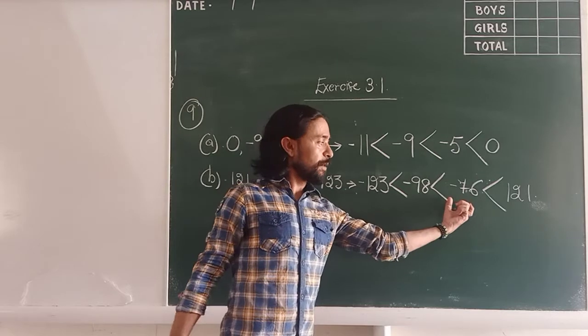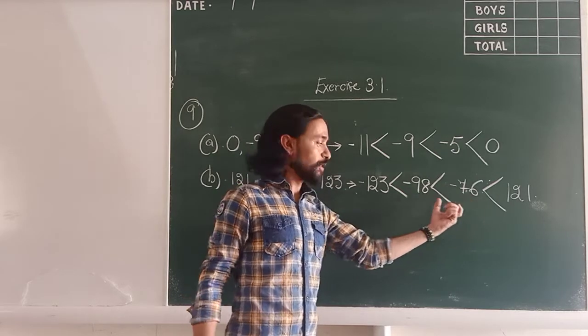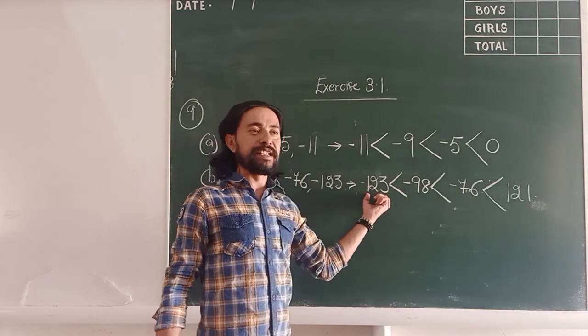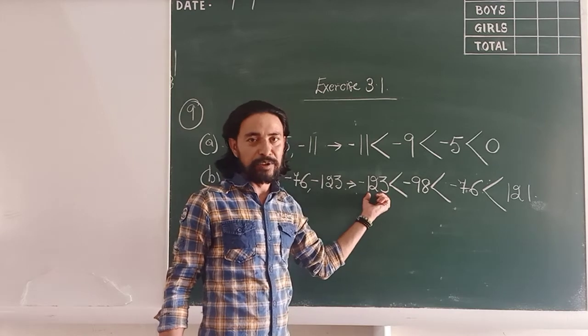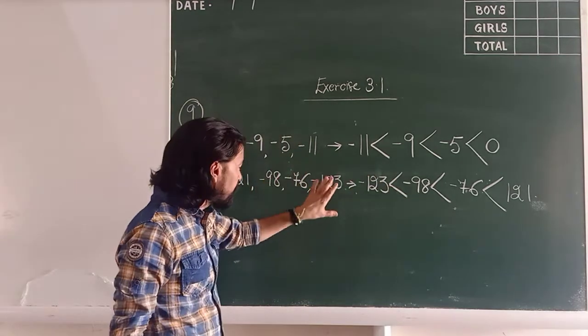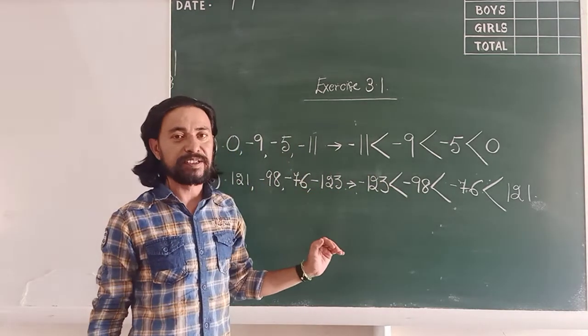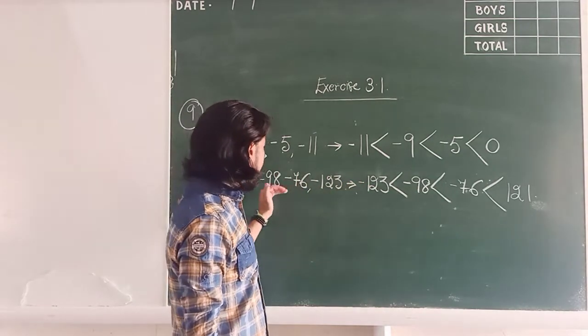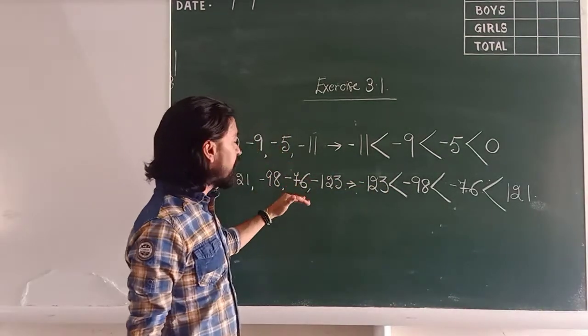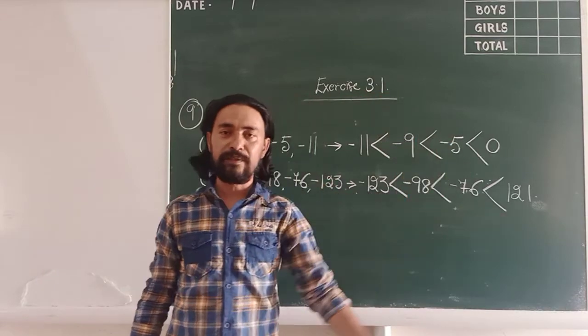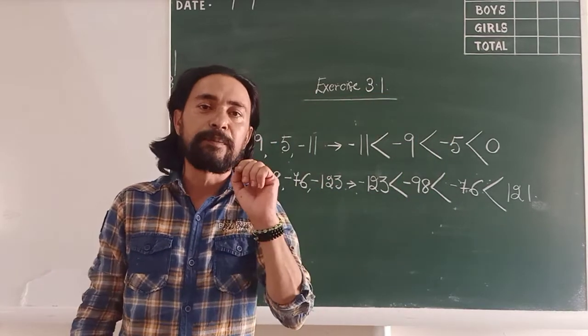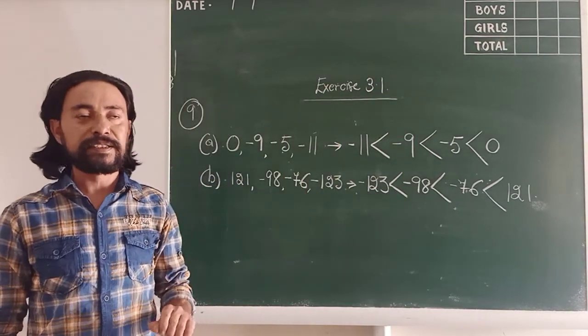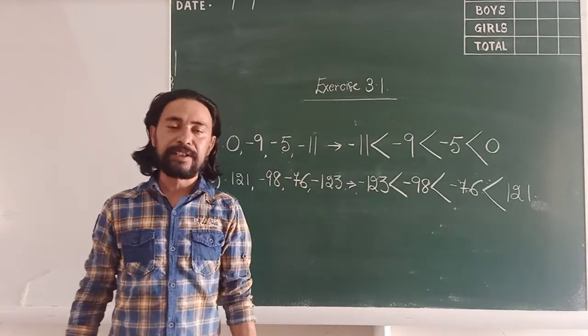The smaller the number with the negative sign, the greater is its value. The bigger the number with a negative sign, the smaller is its value. So amongst these three negative numbers, minus 123 is the smallest. Then greater than that is minus 98. Greater than that is minus 76. And 121 is the greatest because it is a positive number. And all positive integers are greater than negative integers.